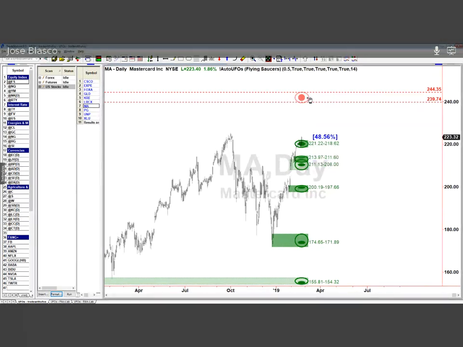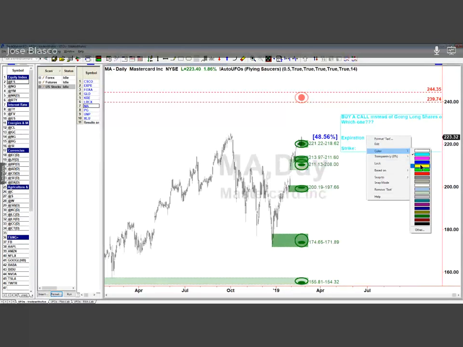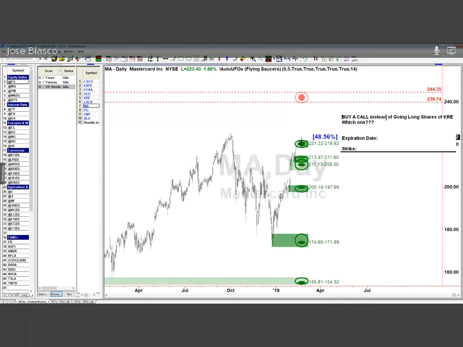So let's say we have a UFO at this price level, okay, and therefore we are planning to, same idea as we had before, buy a call instead of going long shares of MasterCard.